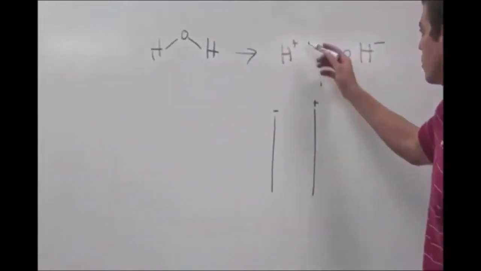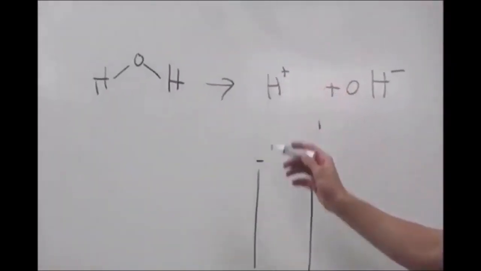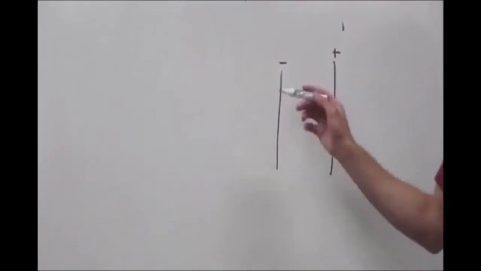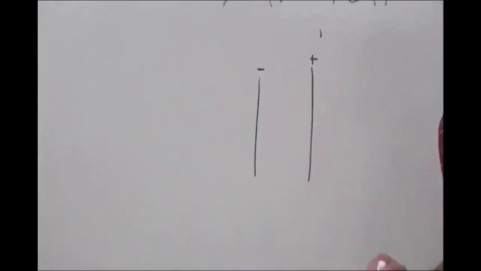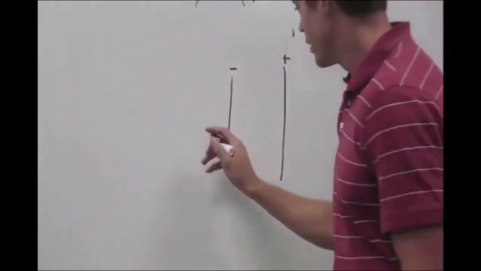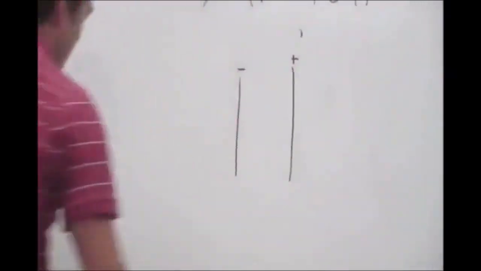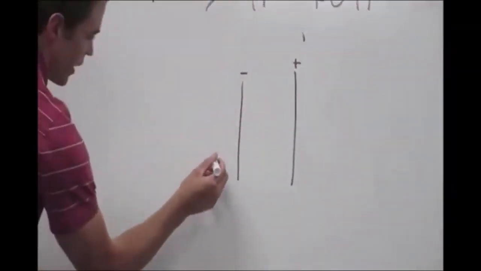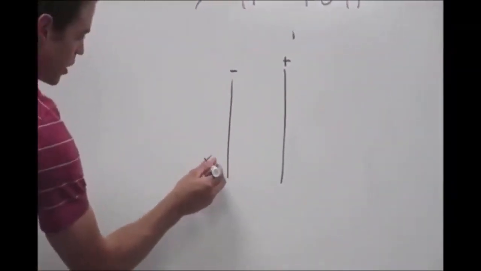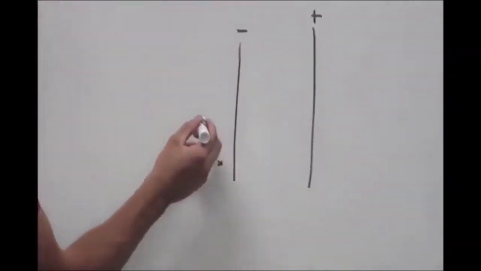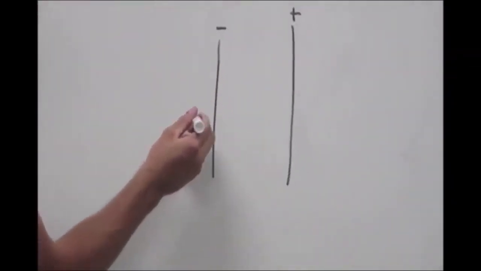Well, these protons are going to be attracted to the negative side of this cathode, right? And so basically, let's come over here, let's draw what that would look like. We have a proton right here, and let's say that we have another proton right here.